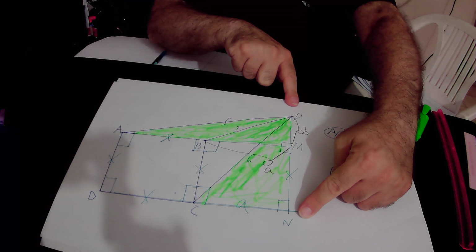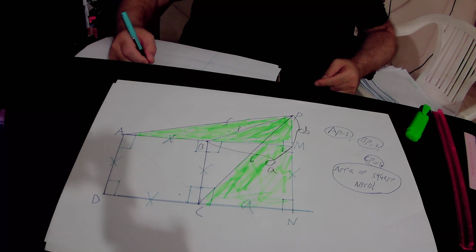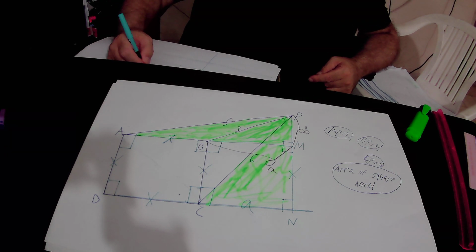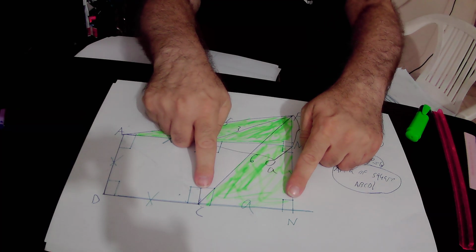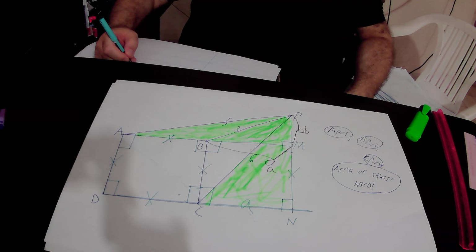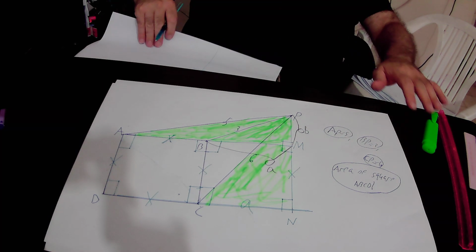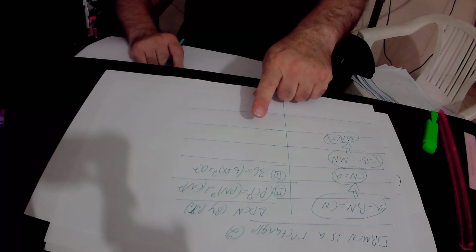PN equals B plus X. Therefore, PN square is (B plus X) square plus CN square. CN equals A, therefore CN square is A square. So in conclusion, according to equation number 3, 36 equals (B plus X) square plus A square.